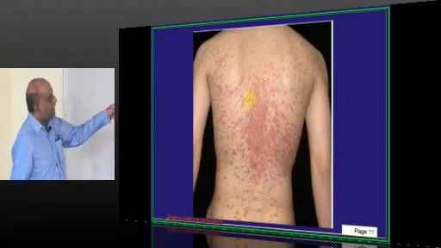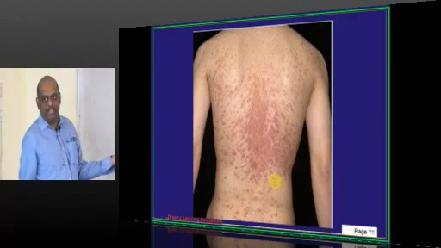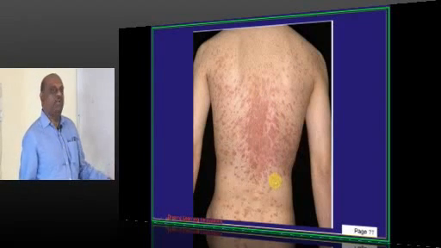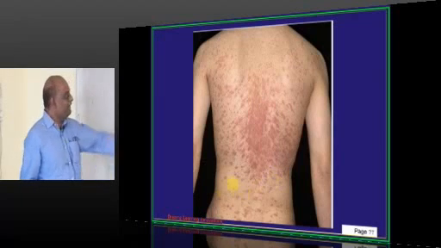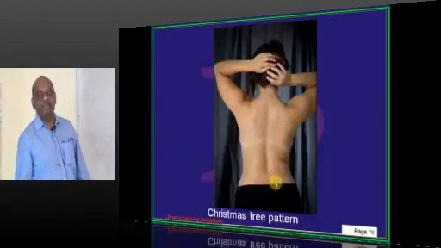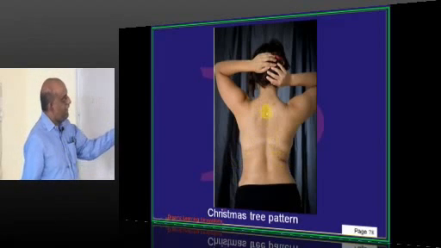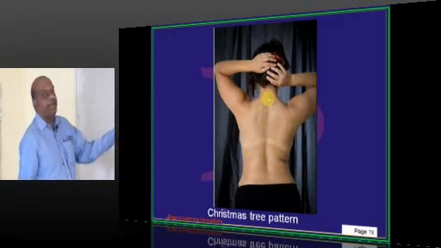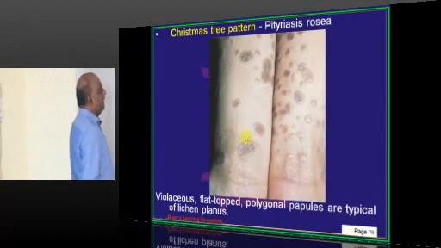So looking at it, are you getting that Christmas tree appearance? Unless you are too imaginative or a true Christian at heart, be very sure to look for the Christmas tree over here. This is another example of a typical pattern of lesions going in a Christmas tree pattern, is what you have to remember.